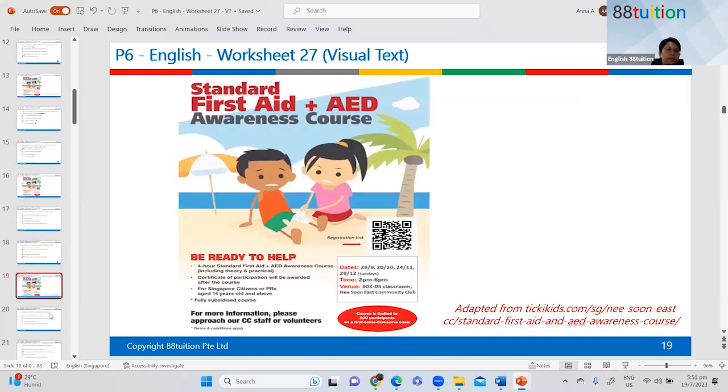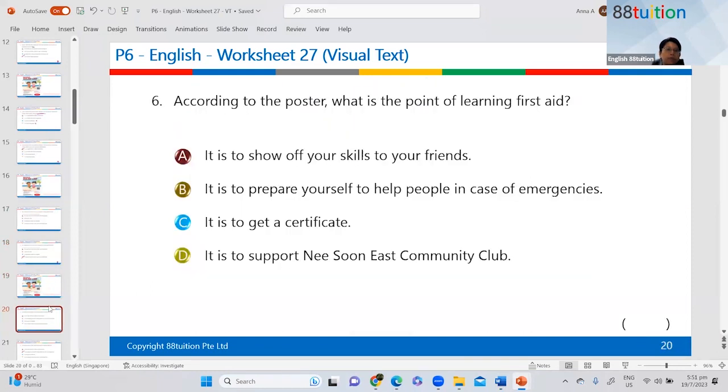Okay. Next one here again. So let's move on. What is the point of learning first aid? What's the point? Show off your skill to your friends. Prepare yourself to help others, people in case of emergencies, to get a certificate, to support Nee Soon East Community Club. This answer is inferential, right? Sort of you have some background knowledge.